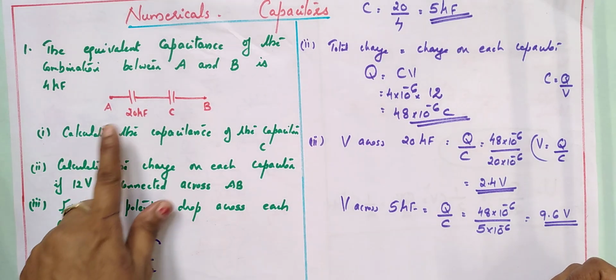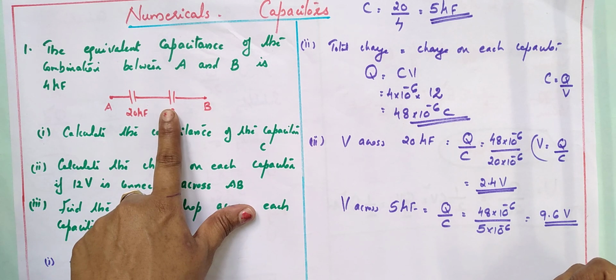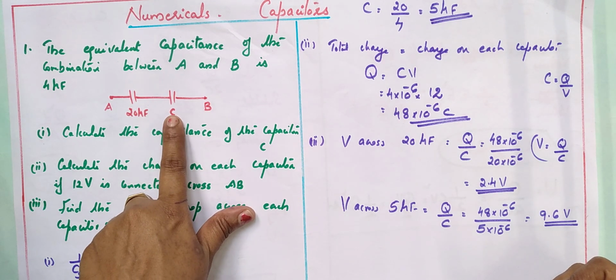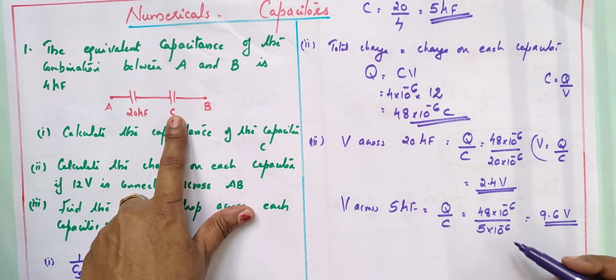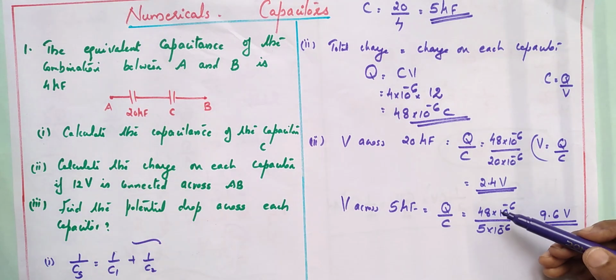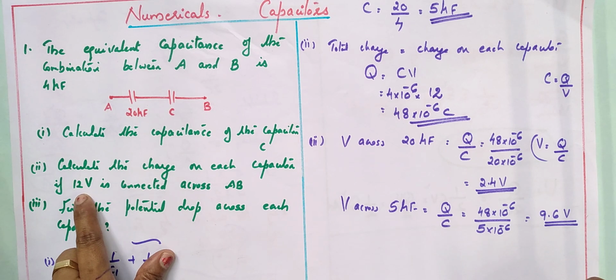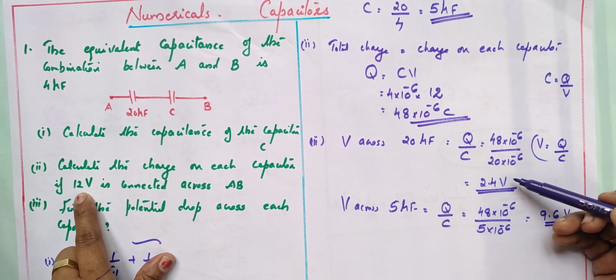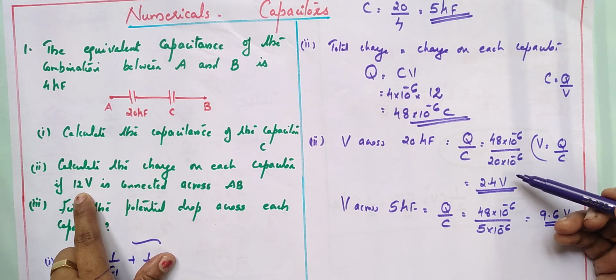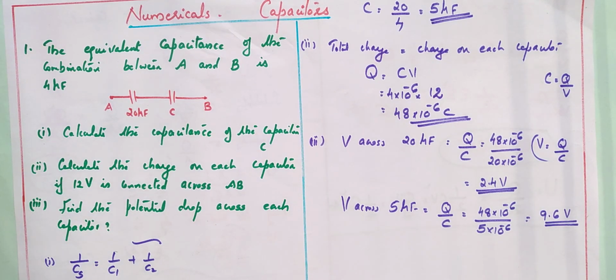So the potential difference across 20 microfarad is 2.4 and across C, which is 5 microfarad, is 9.6. If we add the two values, 9.6 plus 2.4, we get 12 volt, which is the total potential in the question. So the answer is correct.